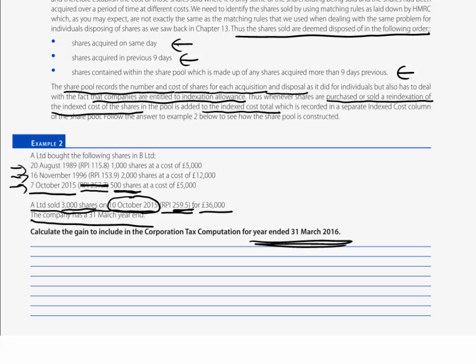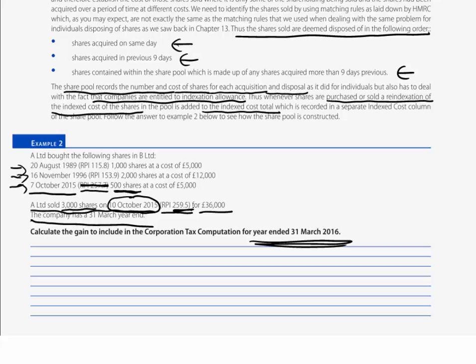So all we've got to do is work out what part of our sales proceeds represent the shares bought on the 7th of October. That's 500 shares out of 3,000 shares. Get the proceeds and deduct from that the cost of £5,000. That will be the chargeable gain.